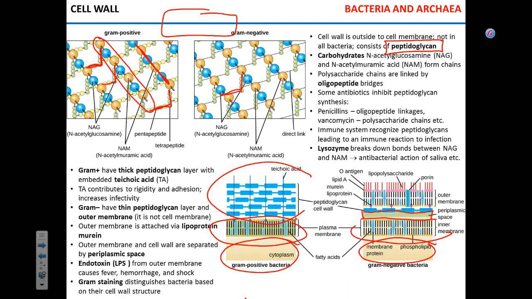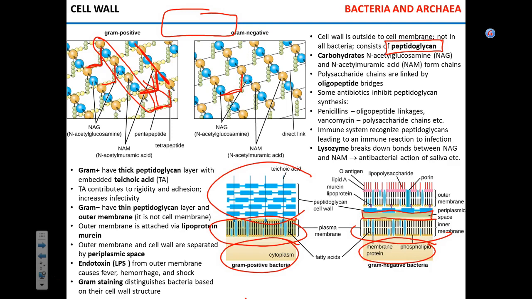Why is the cell wall such a cornerstone concept? Not only does it divide all bacteria into two major classes of gram-positive and gram-negative, there are antibiotics that inhibit synthesis of different components of the cell wall. Does that make sense? For instance, penicillins will prevent these links from getting formed.